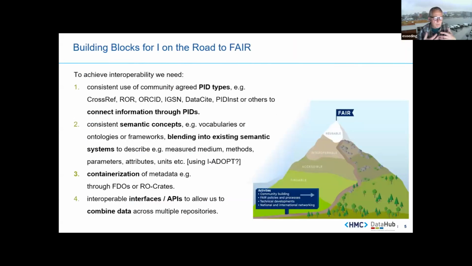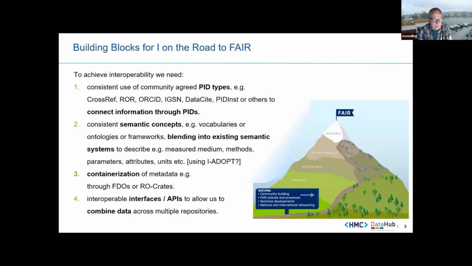We're also trying to develop a roadmap towards FAIR. As we all know, FAIR is a pretty broad term. We can assume that the F and the A of FAIR are mostly solved by most data infrastructures, but the I and the R are big problems.